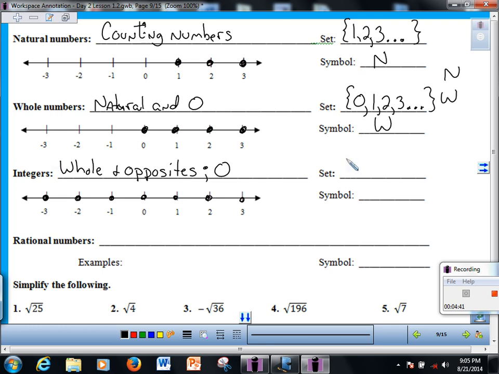As a set, it looks like this. I got dot, dot, dot, meaning I have numbers that go to the left also. I'm going to go -2, -1, 0, 1, 2, dot, dot, dot. Now common sense would say the symbol for integers is an I, but it's not. It is a Z. They use I here in just a little bit for a different set of numbers.